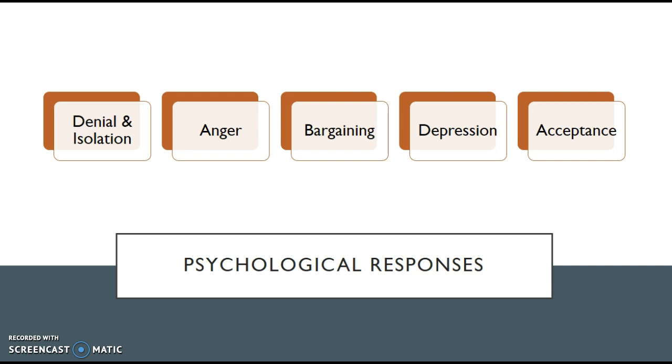So bargaining. This is the helplessness and vulnerability that you feel. So after say you have denied all this need for treatment, you're now thinking, well, what if I had seen medical attention sooner? Maybe I'd been able to have the treatment earlier and then been able to play that game. Or if you had trained harder or warmed up better, you would then think that you would have been okay.